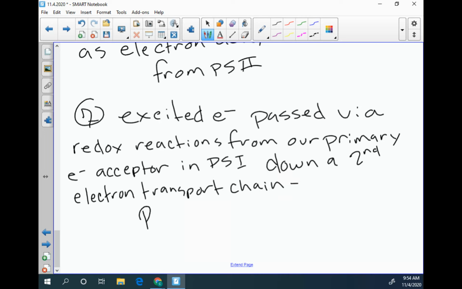And in that electron transport chain, we have a protein called ferredoxin, or FD.